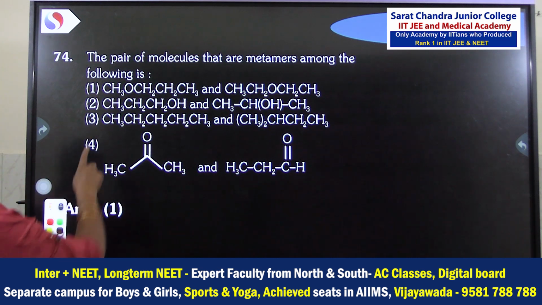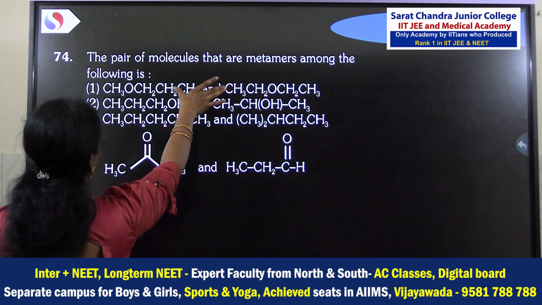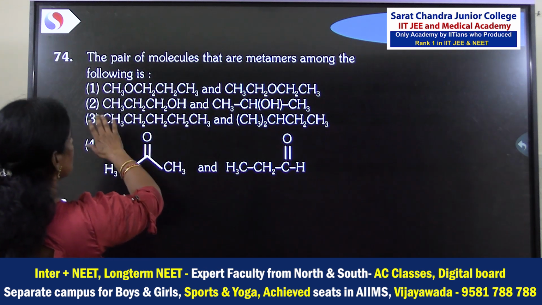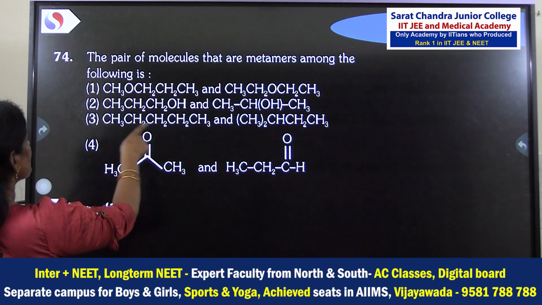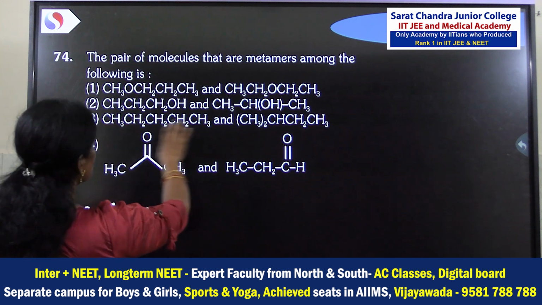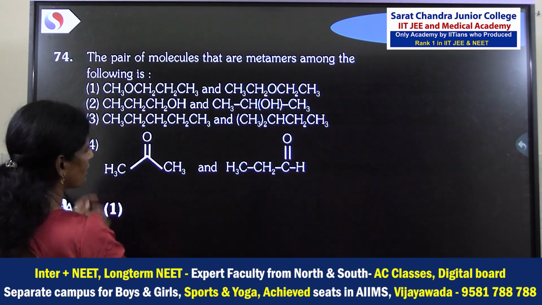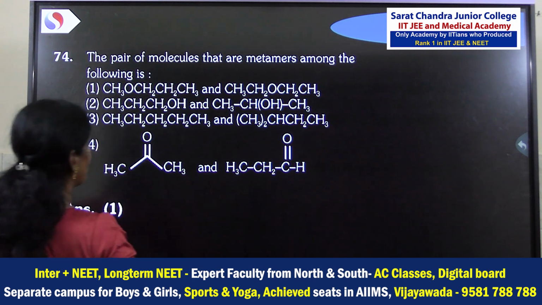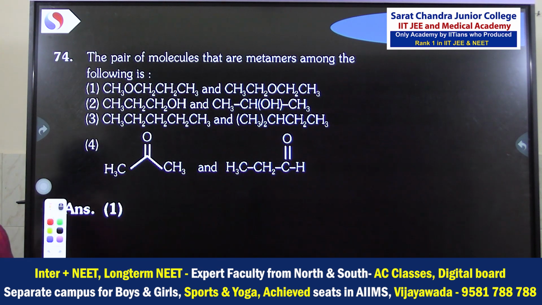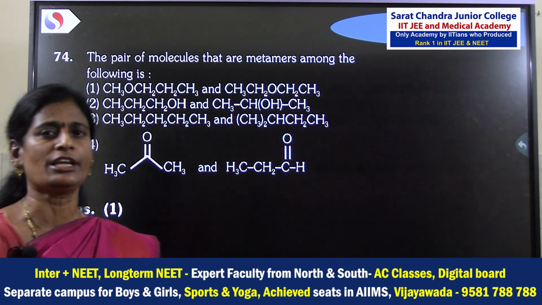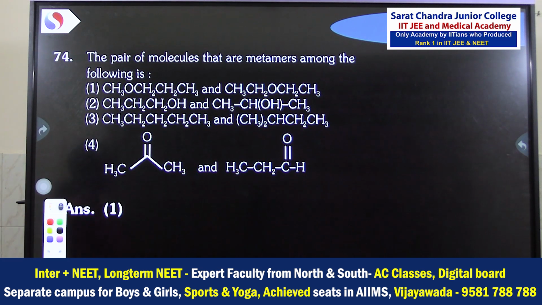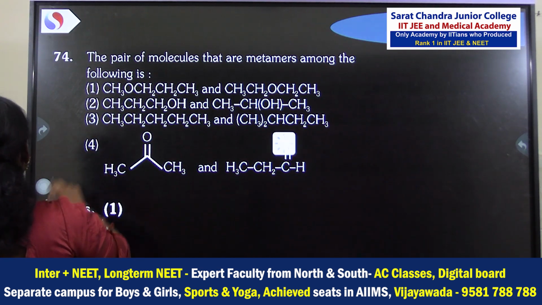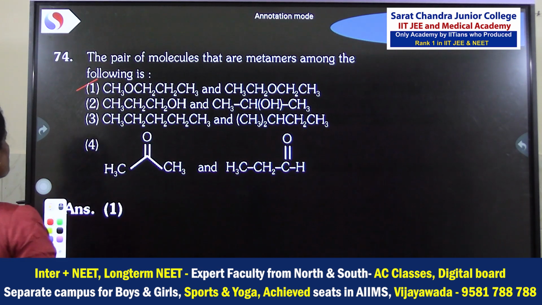Therefore, these two are metamers. In the second option, OH group is present, it does not show metamerism, and alkanes do not show metamerism. And coming to the fourth example, one is ketone and the other is aldehyde. To show metamerism, the main condition is that the same functional group must be present. Therefore, the correct option is the first one.